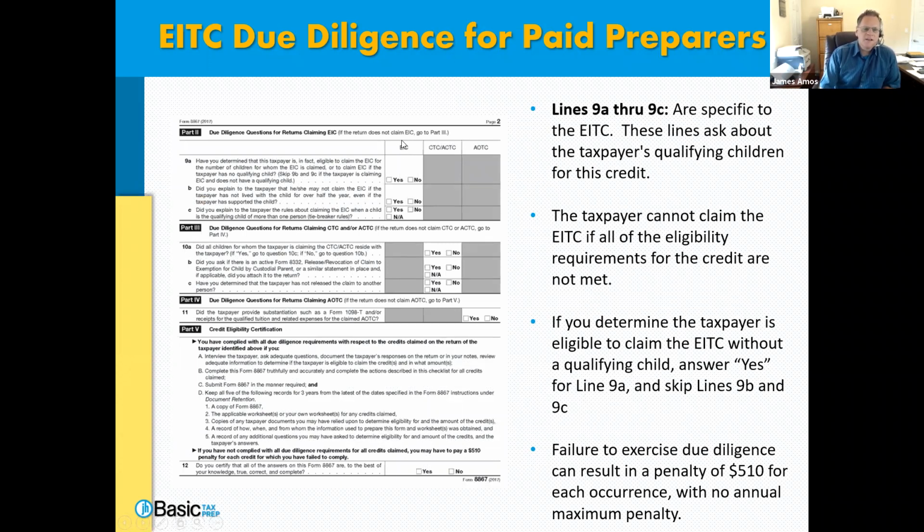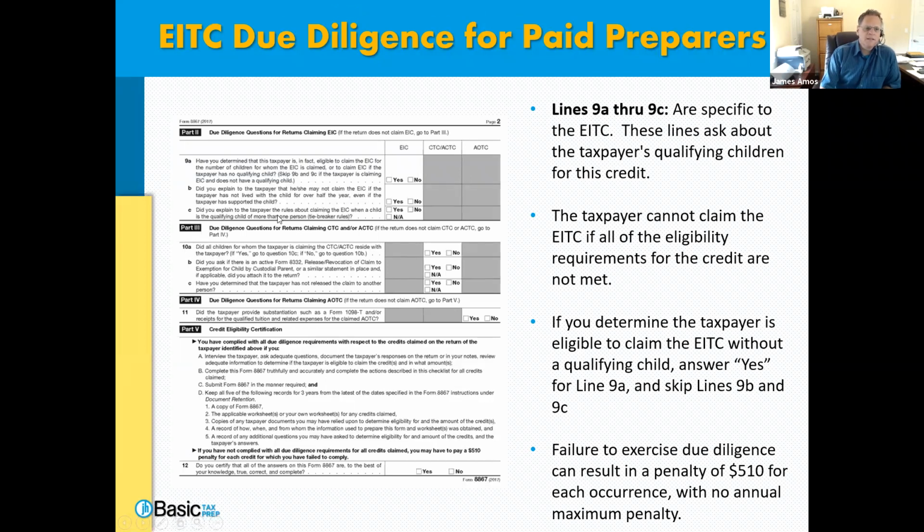So as you can see on this one, 9A, specifically for EIC, says, have you determined this taxpayer is in fact eligible to claim EIC? You have to mark yes. Did you explain to the taxpayer that he or she may not claim the EIC if the taxpayer has not lived with the child over half the year? Mark it yes.